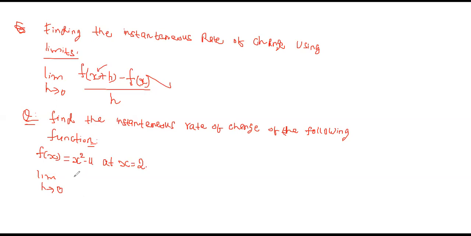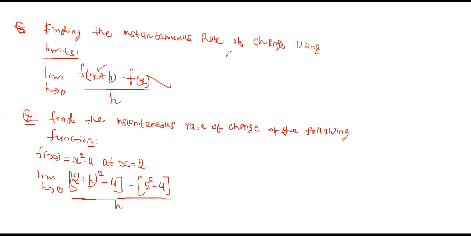So you will write 2 plus h whole square minus 4, and minus 2 square minus 4, divided by h. You got this statement?